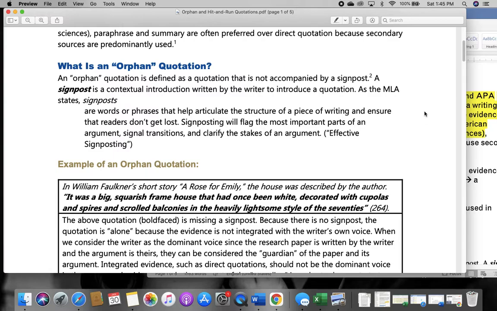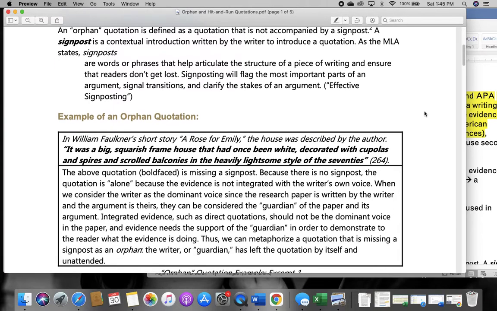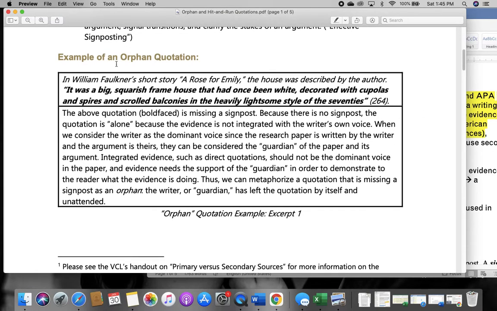If you're lacking a signpost, which I have in this example here from a story that you'll read, A Rose for Emily, or I can't remember if you have read it already this week. I'm getting my modules messed up.